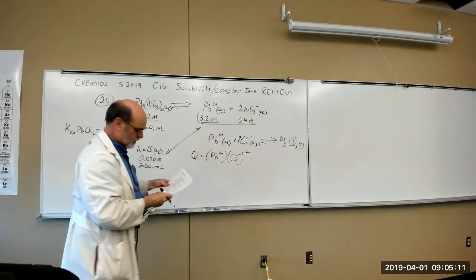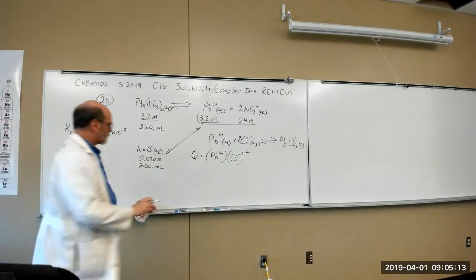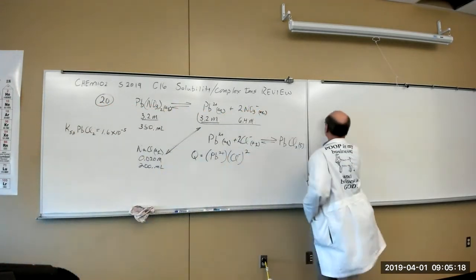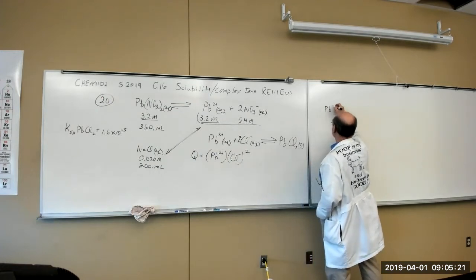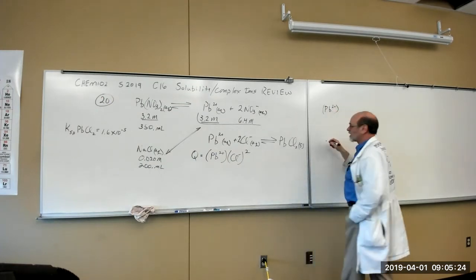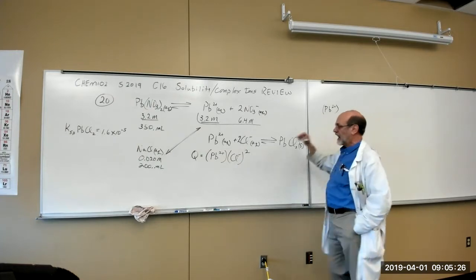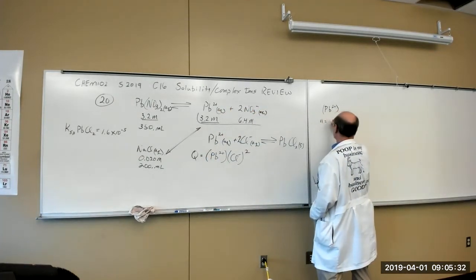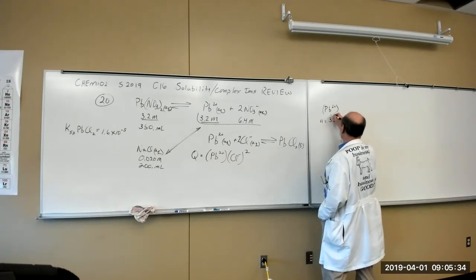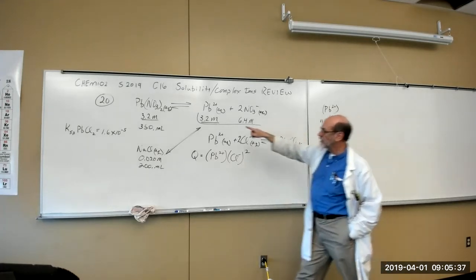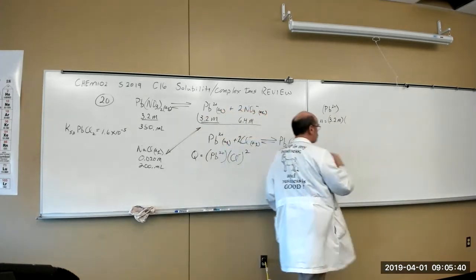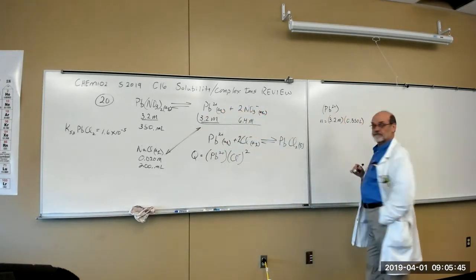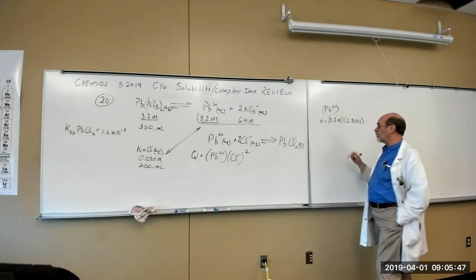In order to determine the concentration of lead, we'll do it over here. How many moles of lead do you have? 3.2 molar times 350 milliliters, which is 0.350 liters.